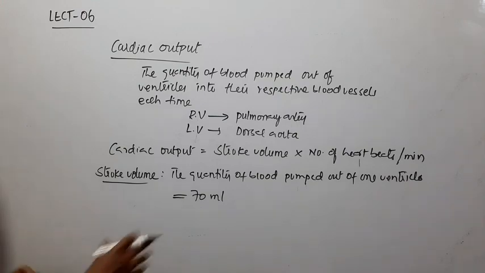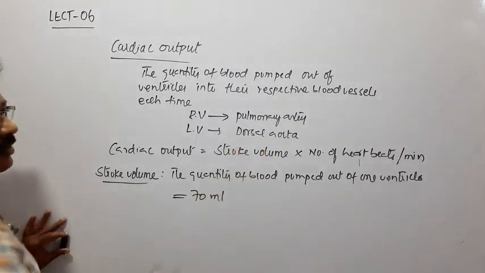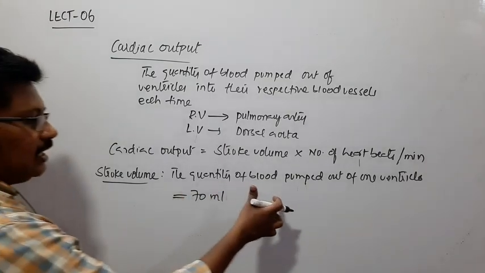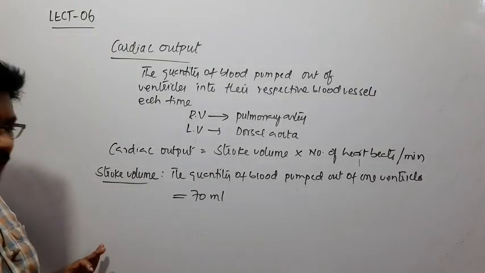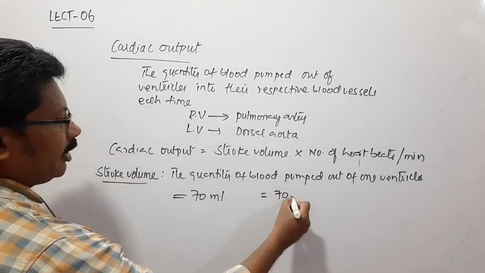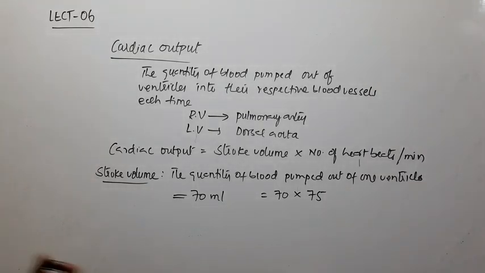Now multiplying the stroke volume by the number of beats per minute. We have seen the number of beats is around 70 to 75. You can take 75, or you can also take an average of 72, no problem in that. So the stroke volume of 70 into the number of beats, that is 75. I'm taking the maximum, 75 beats per minute. This is all in normal conditions, in a normal person.